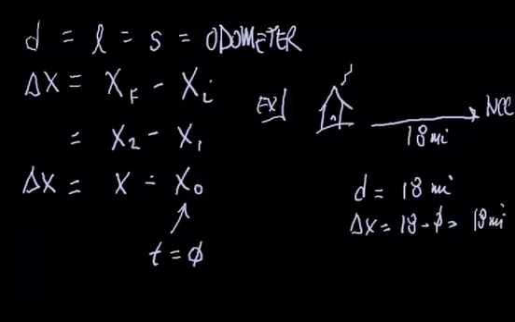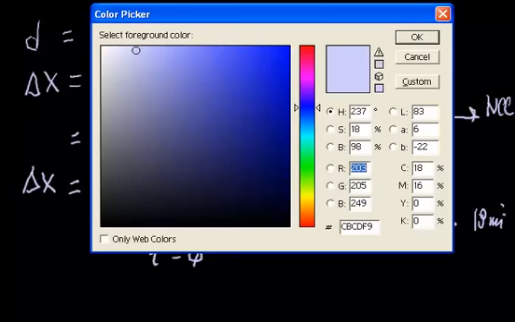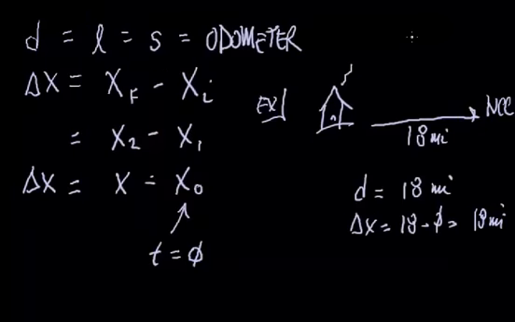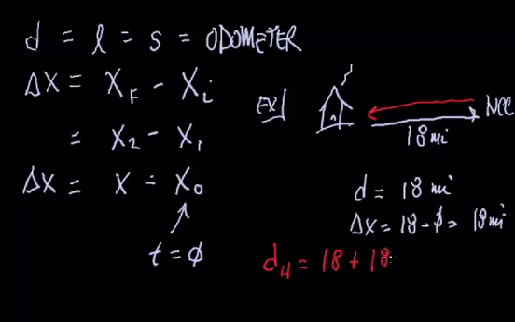Now the only difference is if I now turn around and drive back home. My distance now, I'll call it DH for home, would be 18 there plus 18 back, meaning 36 total miles.